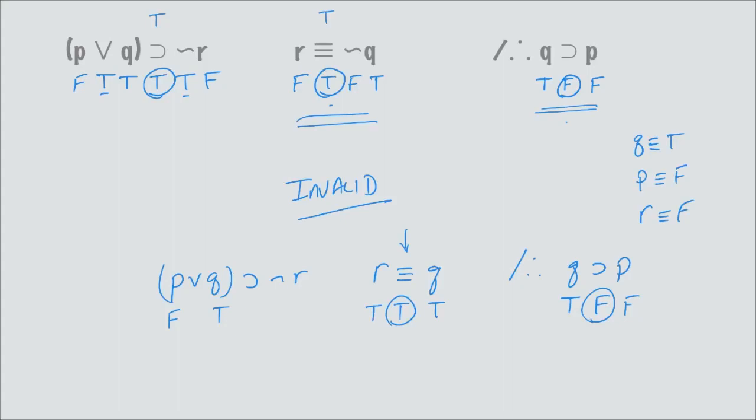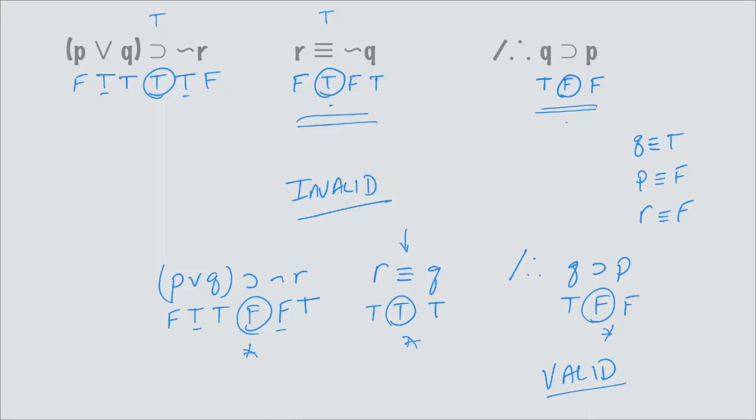But now R has to be true. R becomes true, and I can't pick anything else. Not R becomes false. P or Q, false or true, is true. True, therefore false, is false. Now notice in this instance, this variation on the problem, false, true, false, means that this is a valid argument.